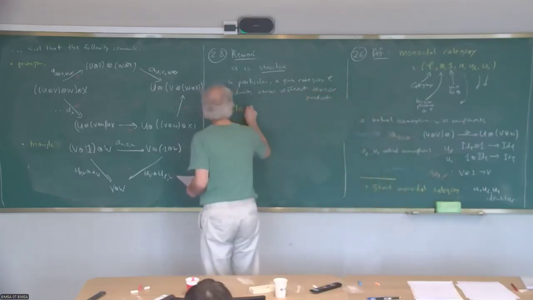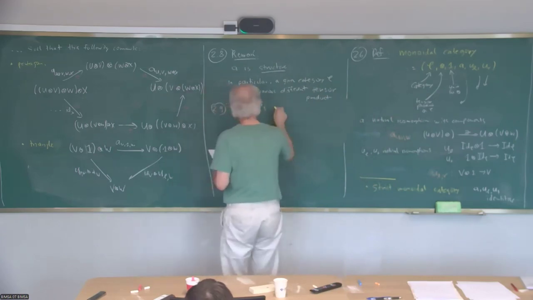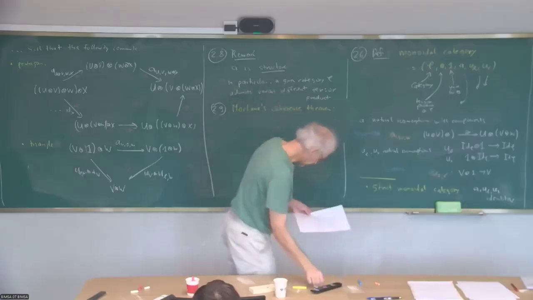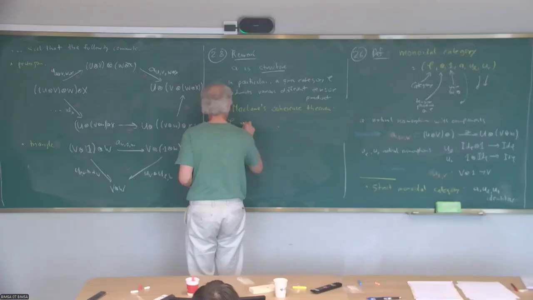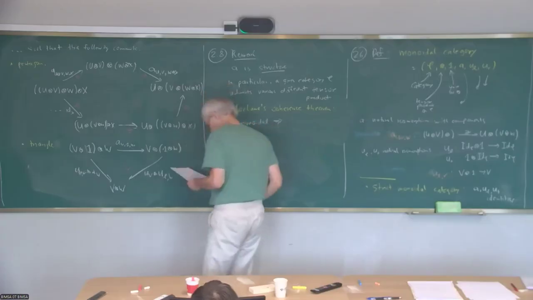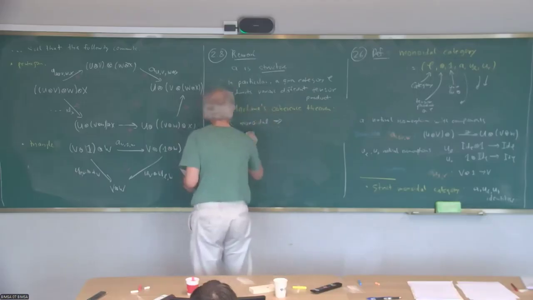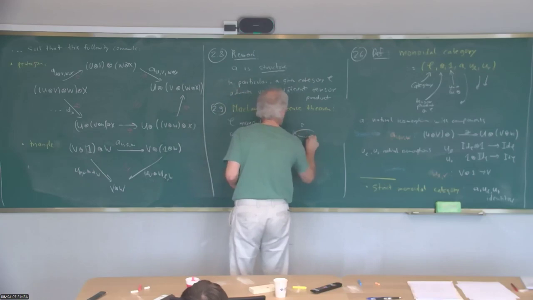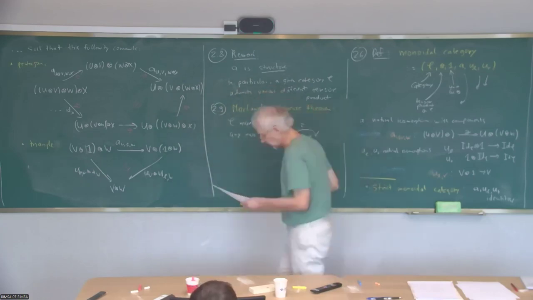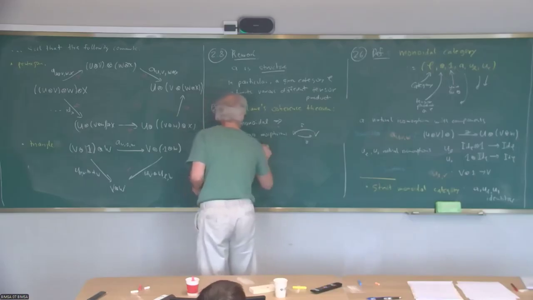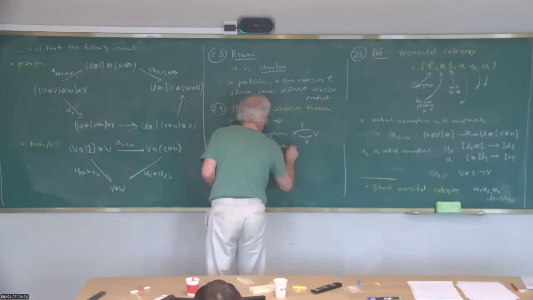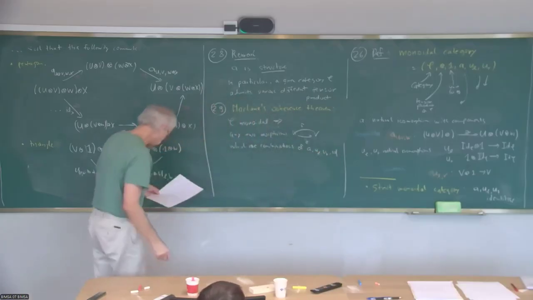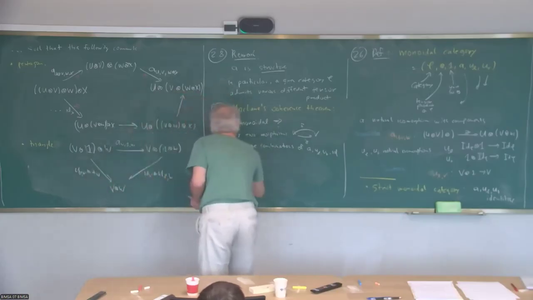And this is answered by Mac Lane's coherence theorem, which says that if C is monoidal in the sense of the definition, then any two morphisms F and G between two given objects, which are combinations of associators, unitors, and identities, and also their inverses, their isomorphisms, are in fact equal.